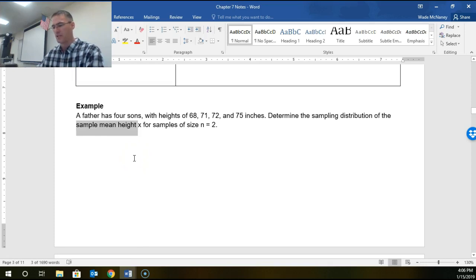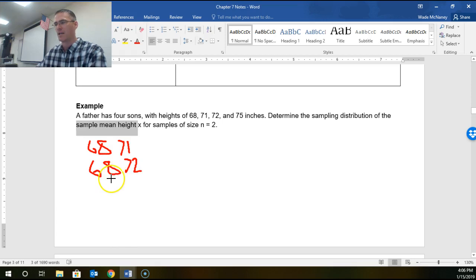So, putting this together and doing it. My first sample is going to be 68 and 71. My next one that I can do would be 68 and 72. My next one that I can do would be 68 and 75. Eventually I'll get to where I have a stylus to be able to do this and it'll be a little bit cleaner. Apologize for now.